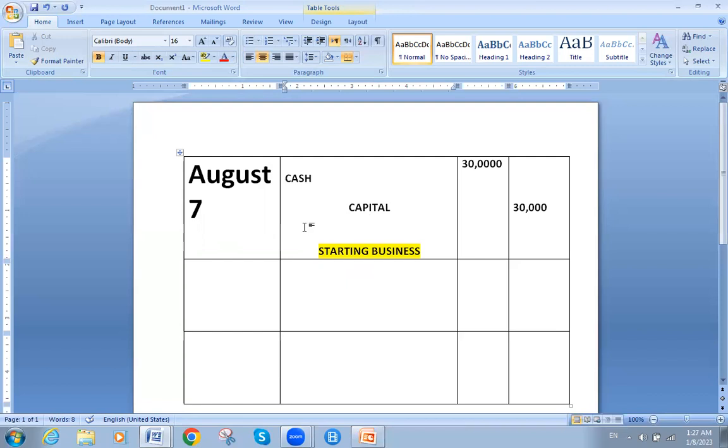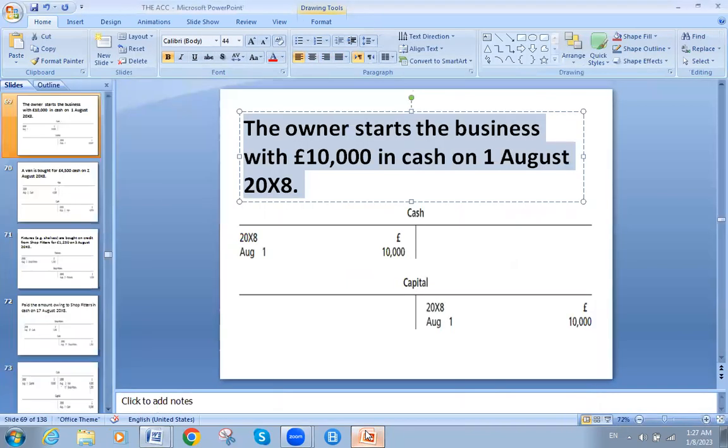The second thing, so let's see now. Let's see the second transaction we have today. So this is the first transaction, when you start with cash. You deposit cash to run the business.